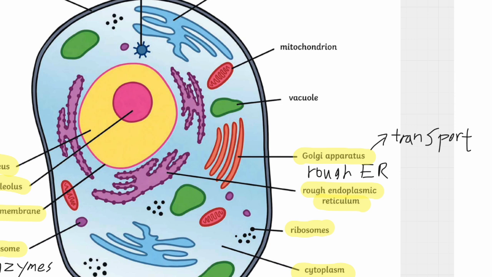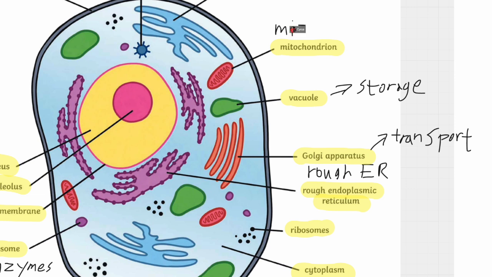Now let's go to vacuoles. What are vacuoles? Vacuoles are the storage centers. They're where they help gather the waste products, and it's the storage center for the cell. So I'll just write storage over here. Then we have the mitochondrion, which is singular for mitochondria.